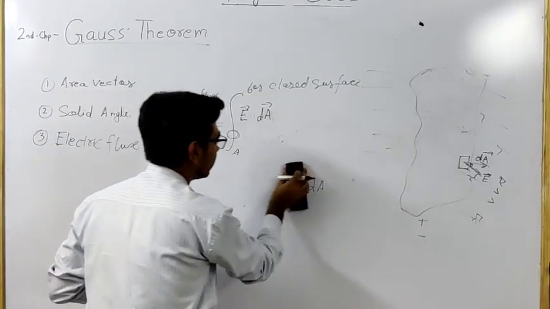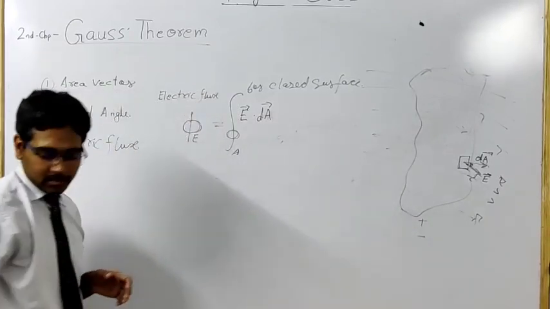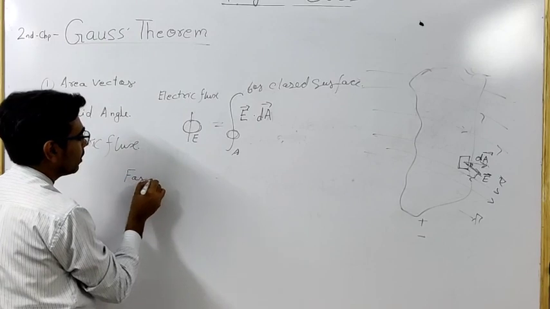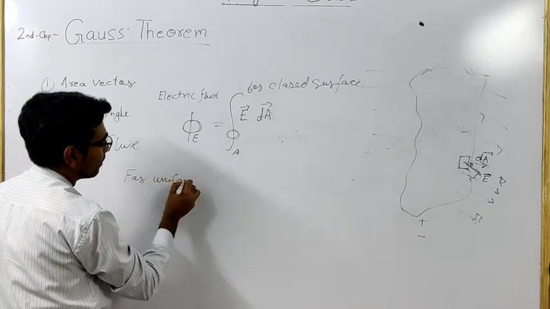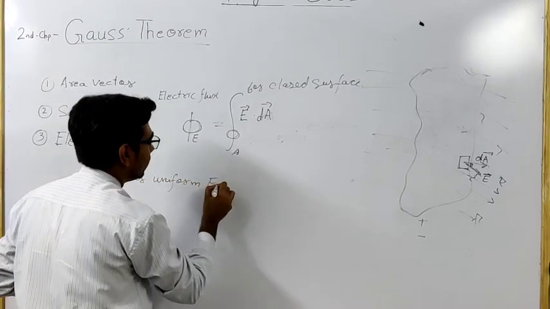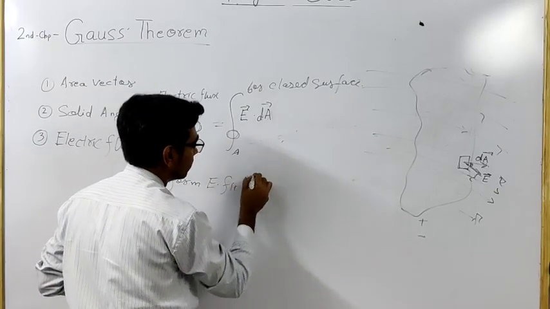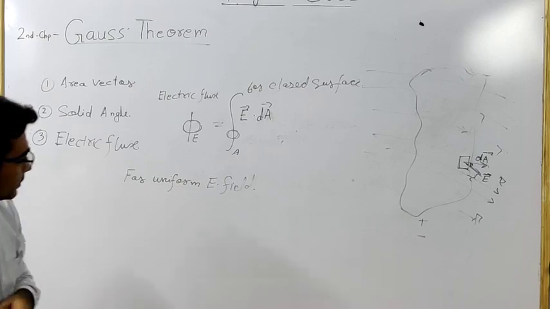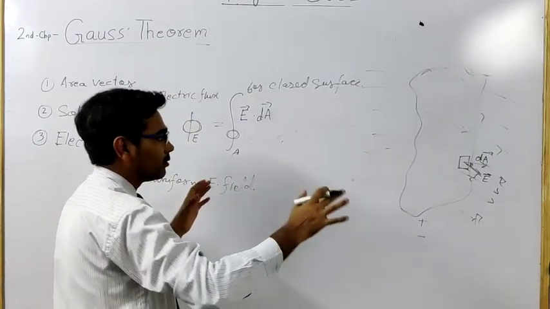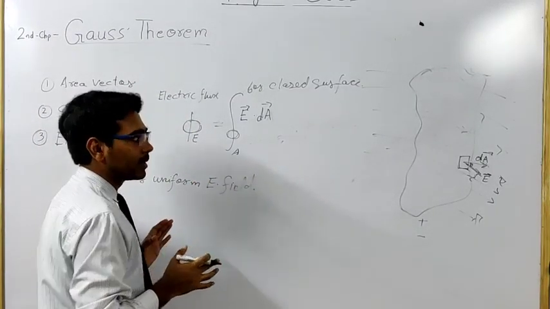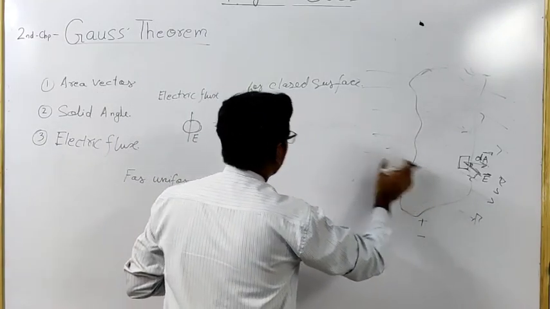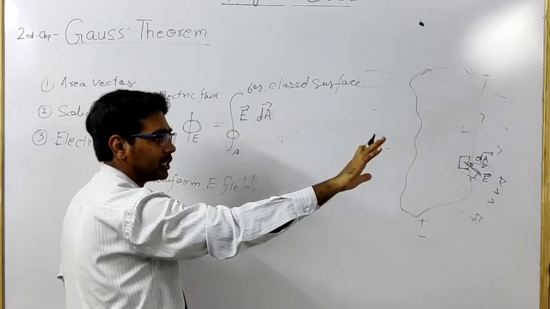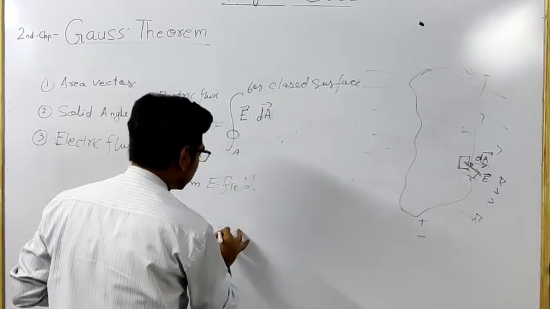Now we'll deal with a specific case, a uniform electric field. When the electric field is uniform, E is constant throughout the integral, so it will come out of this sign.